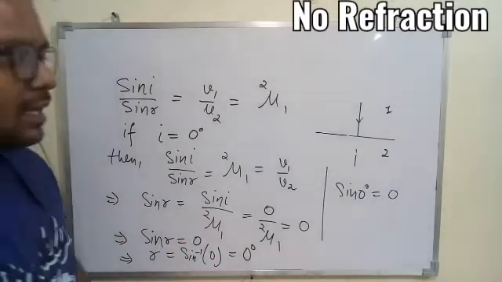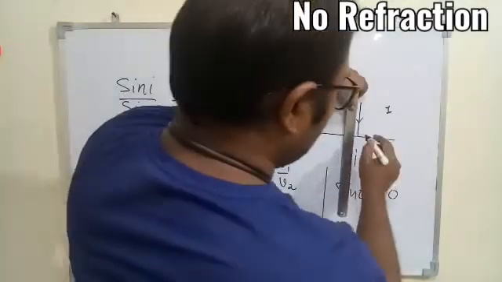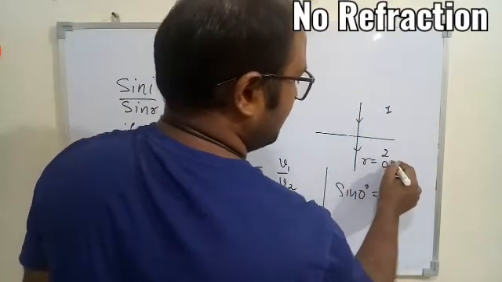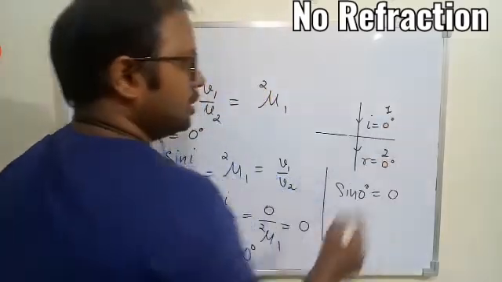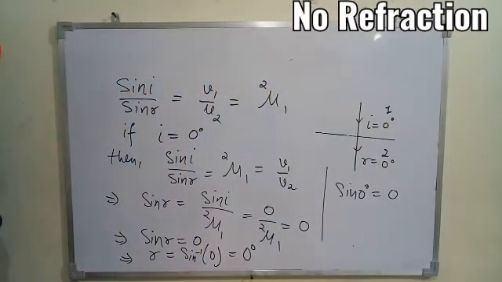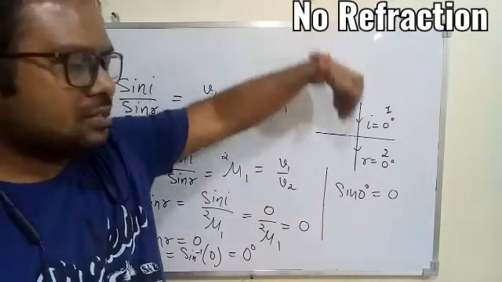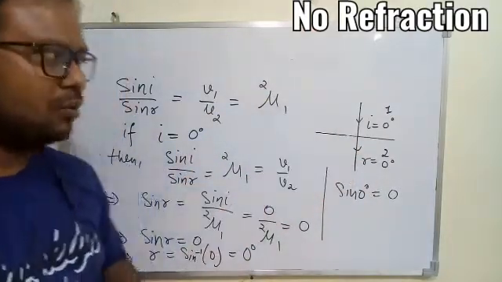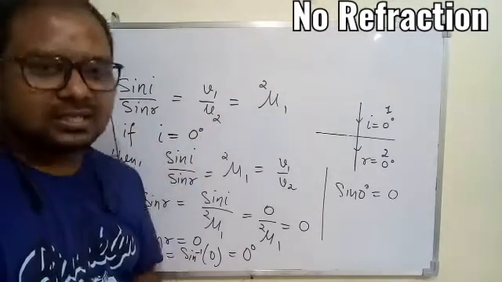What does it mean? The ray will pass straight away, then only r can be 0 degree. So when i is 0 degree, r will also be 0 degree, meaning overall the ray will pass straight away. What does it mean? There is no change in direction of the light in the second medium. And what does it mean? There is no refraction taking place.